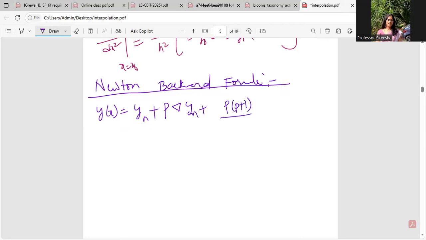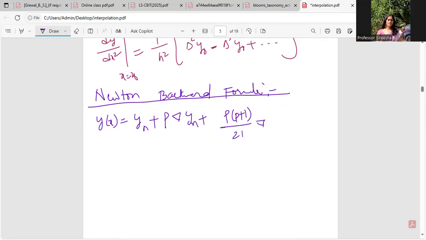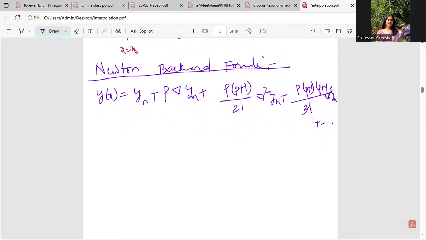P into p plus 1 by 2 factorial del squared yn, plus p into p plus 1, p plus 2 by 3 factorial del cube yn, and it goes on and on. So backward formula is like this. Now, what is p here that you have to remember, please? This small change: it is x minus xn by h.